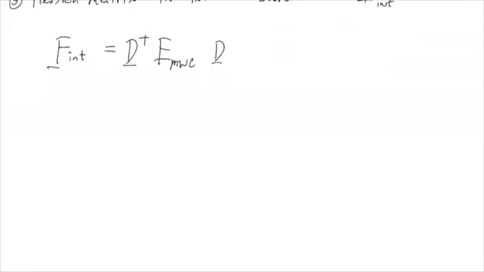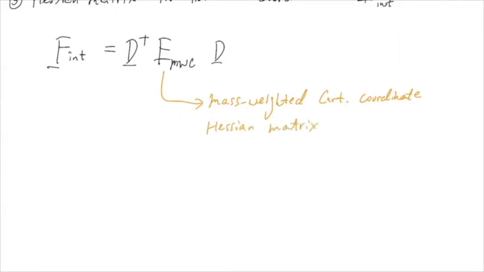So this F_MWC is what we have talked about in the first section. That's just the mass-weighted Cartesian coordinate Hessian matrix, right?